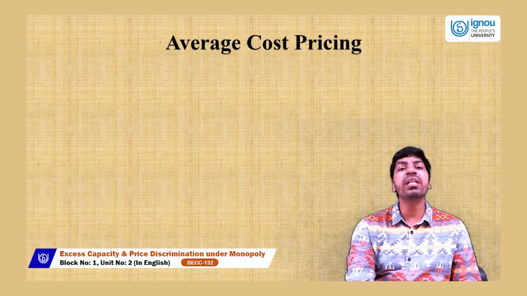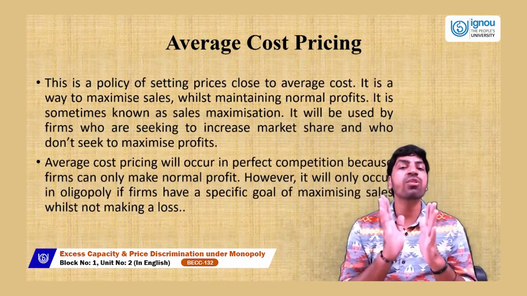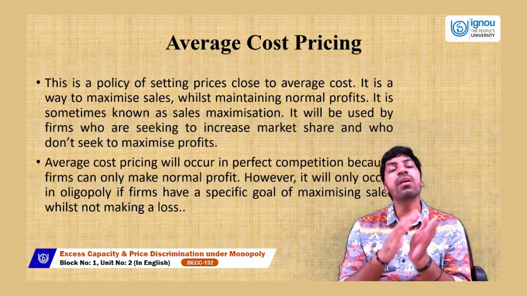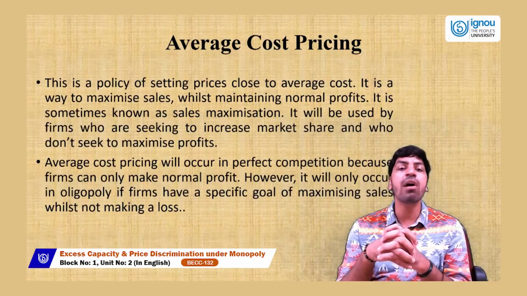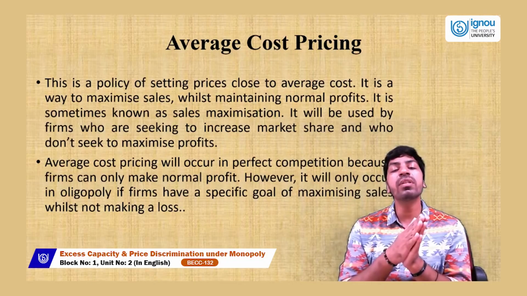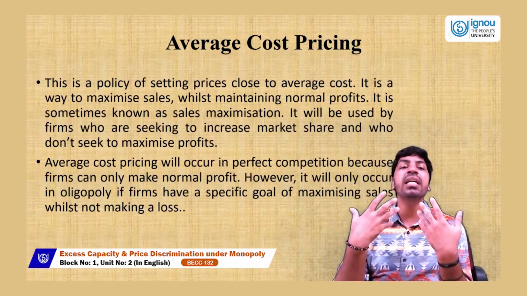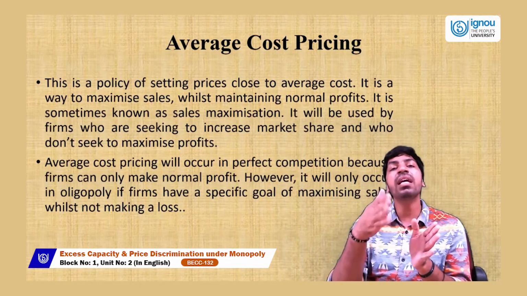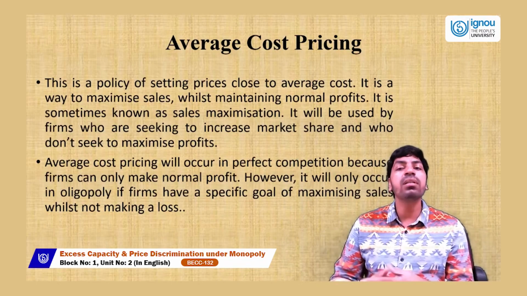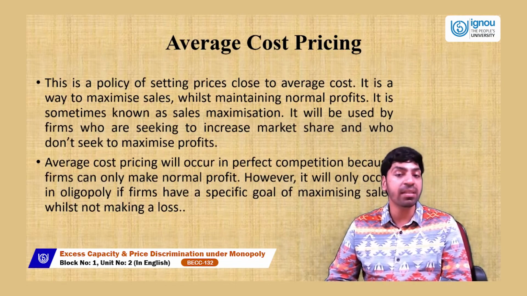The next is average cost pricing. When we talk about average cost pricing, the average cost plays a very important role. Whatever price is set is always close to the average cost or average total cost. This is also one of the pricing methods where firms could achieve at least the normal profit when there is a chance to increase their sales, and that concept under this pricing method is called sales maximization.